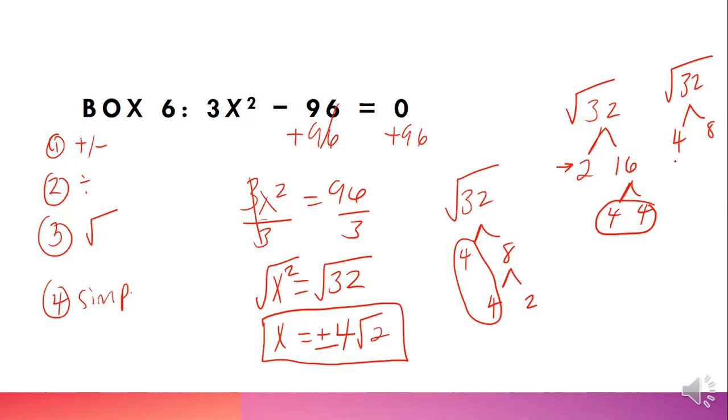So if you did 4, 8, then you went to 2, 2, then 2, 4, then all the way down to 2, 2. So you have one pair of 2s, they get to go on a date. You have another pair of 2s, they get to go on a date. And then the lonely little 2 has to stay at home. So then you have 4 square root of 2. However much you need to break it down to is up to you.